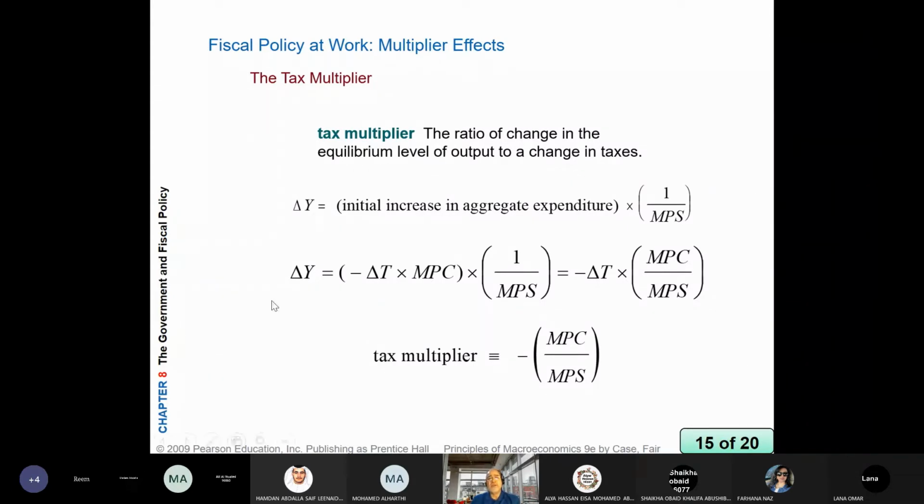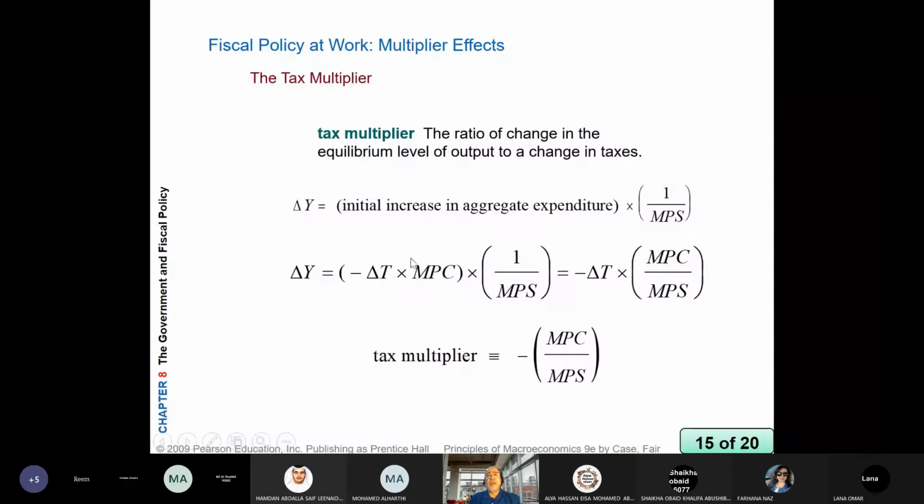So see here the first line. The change in equilibrium level of output equals the initial increase in expenditure, such as an increase in investment or an increase in government spending, times the multiplier. This is the government spending multiplier.